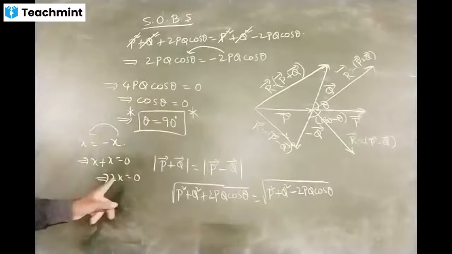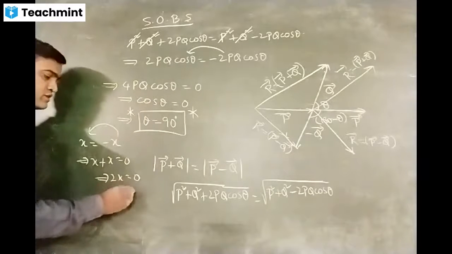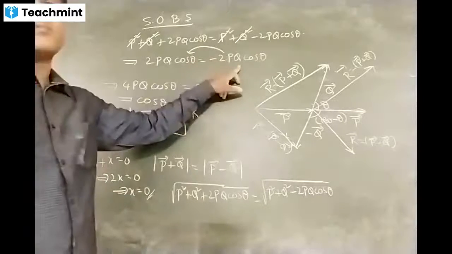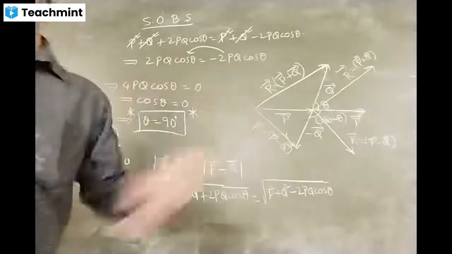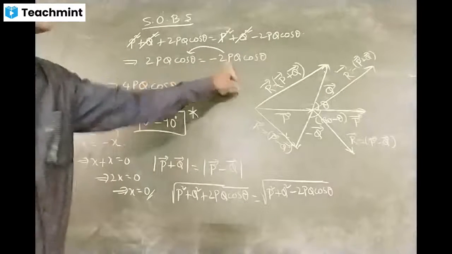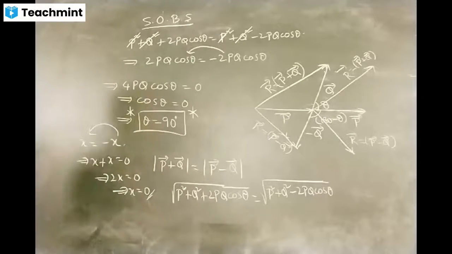Only this x can be equal to 0. So from this I can write x is equal to 0. In this way I have written. So minus 2pq cos theta on the left side is currently plus 2pq cos theta. 2pq cos theta plus 2pq cos theta is equal to 4pq cos theta.